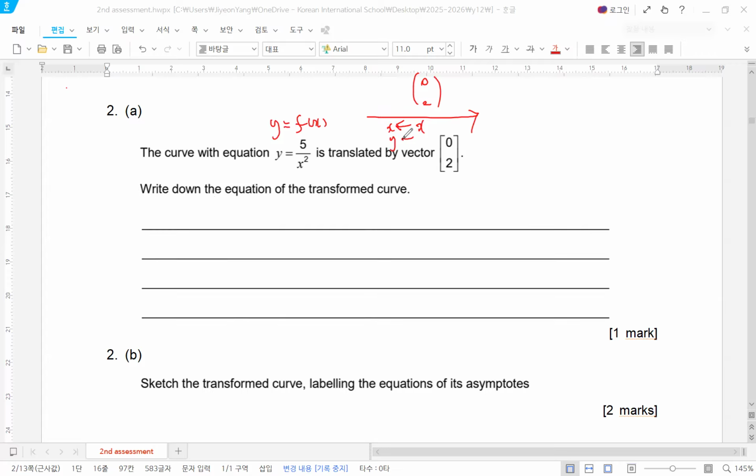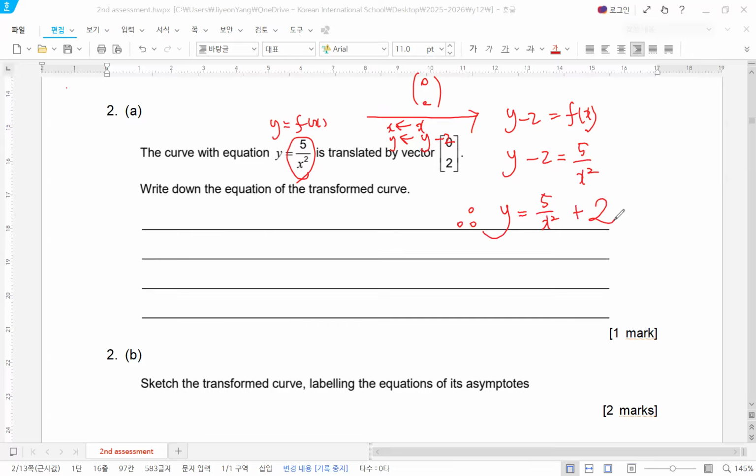And you need to substitute y minus 2 for y, okay? So instead of y, you should write y minus 2 equals f(x). Do you understand? Then y minus 2 equals f(x) is this one, guys, 5 over x squared. Therefore, you can write the equation as y equals 5 over x squared plus 2.